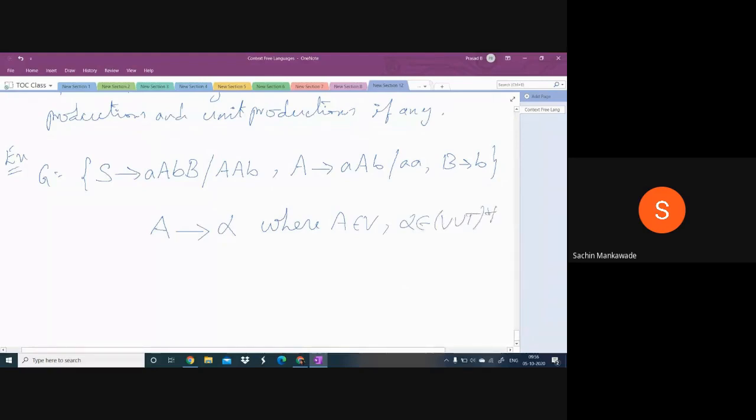There is no condition for the right side. Here the left side is single in every production. So this is a context-free grammar. Yes or no? Yes, sir.